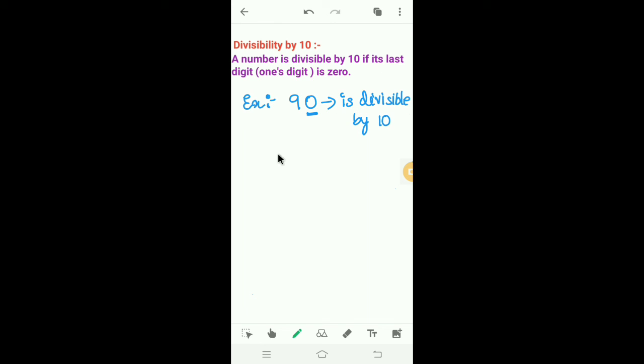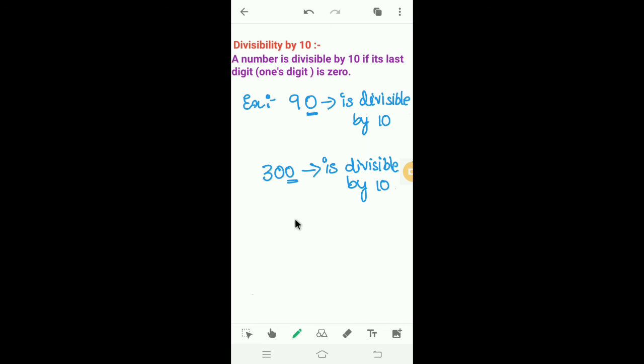I will take one more example. 300. Here we have to see the last digit. The last digit is 0. A number is divisible by 10 if its last digit is 0. So 300 is divisible by 10.